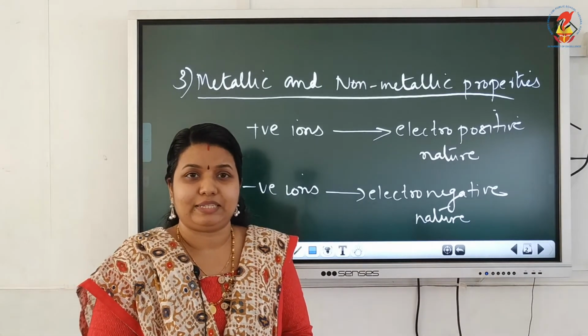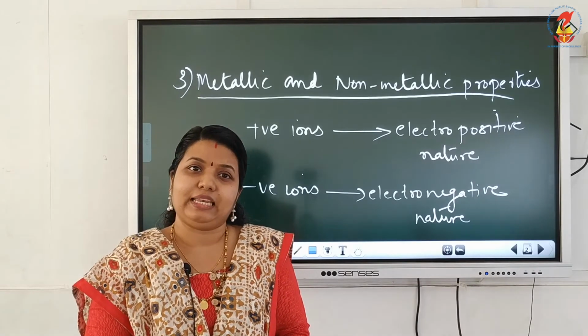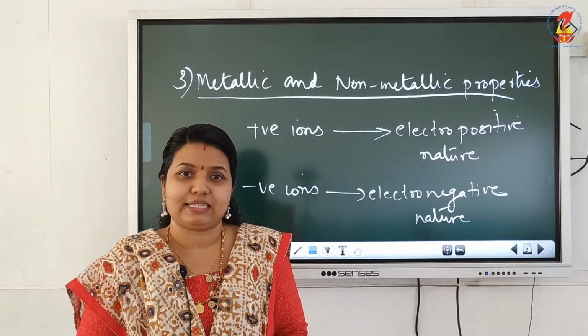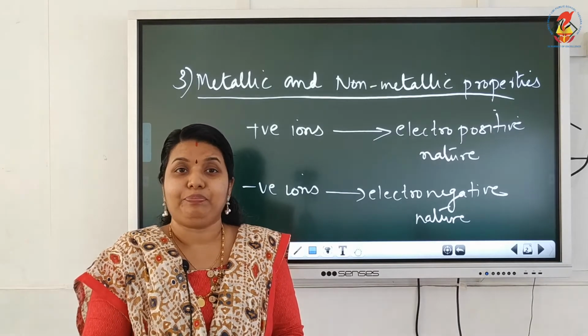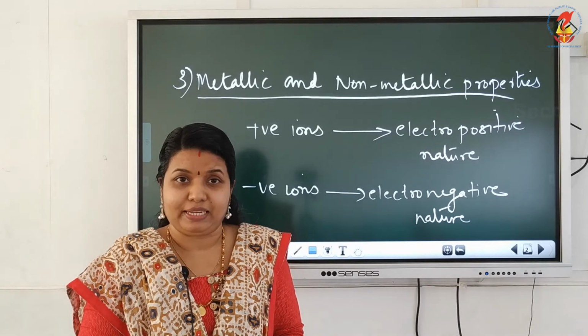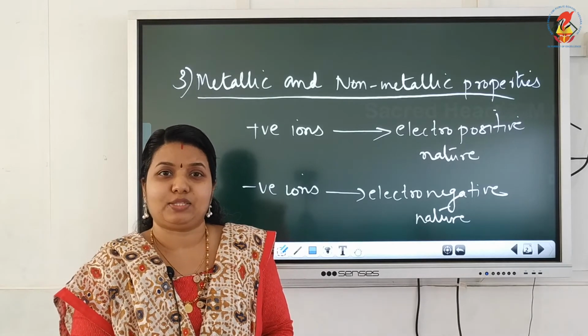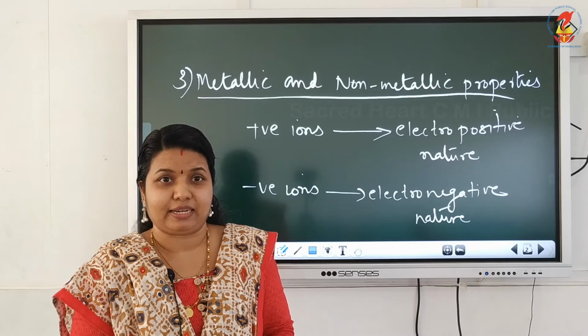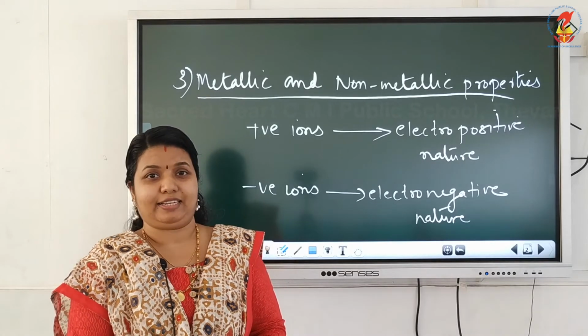So, electronegative character increases across a period and decreases down a group. Metallic character on the other hand decreases across a period and increases down the group. Metallic character is also known as electropositive character. Non-metallic character is known as electronegative character.